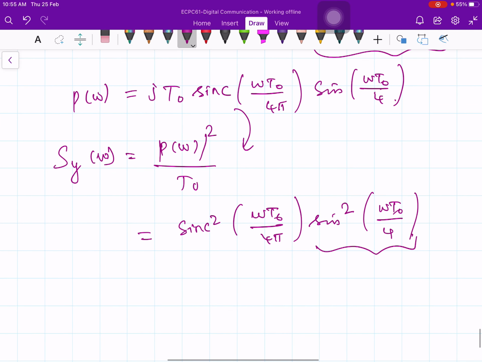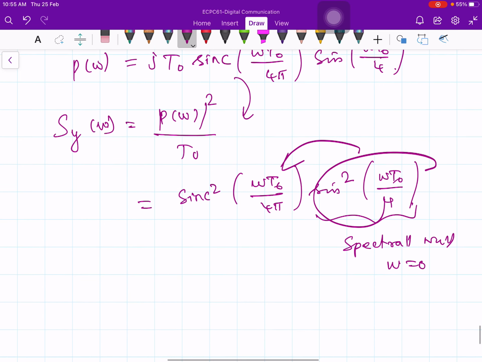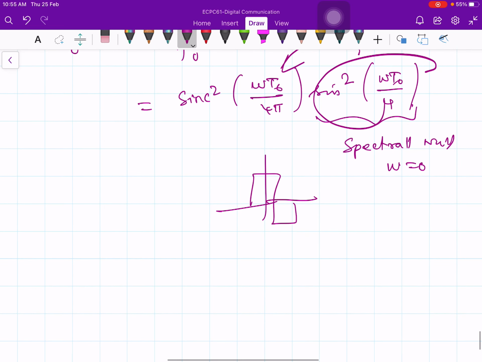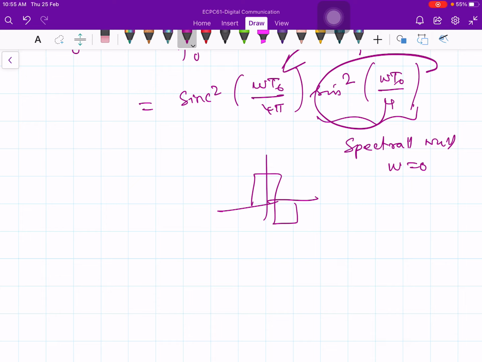Now, this shows clearly that there is a spectral null at where? Spectral null at omega is equal to 0, because sine 0 is 0. We are multiplying the sine square function with the sinc square function. Now, what is the bandwidth of this spectrum? What is the bandwidth of this type of signal? I mean, where is the first zero crossing? The first zero crossing occurs not at f0, it is 2f0.